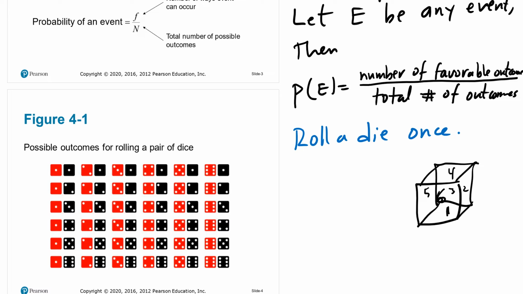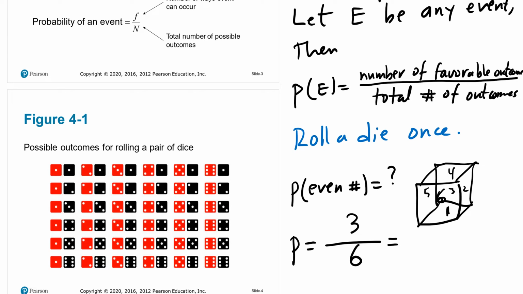So we can ask, what's the probability of rolling an even number? Well, you count how many of those 6 numbers that we have, 1, 2, 3, 4, 5, 6, are even. If you count them, the 2, the 4, and the 6, there are 3 of them over the 6. Don't forget to simplify this. Reduce by 3, it is 1/2.